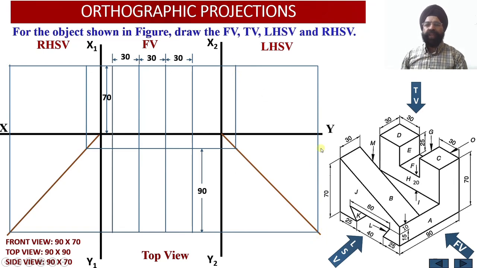In both side views we have got the depth of the solid equal to 90 millimeter. So the depth of the solid in the right hand side view is also 90 millimeter, whereas the height is equal to 70 millimeter. Now we have been able to plot the faces corresponding to the front view, top view, right hand side view and the left hand side view.